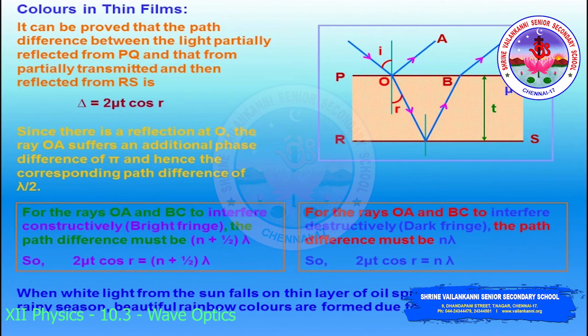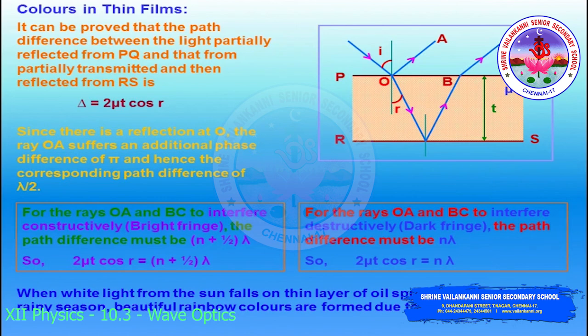When white light from the sun falls on a thin layer of oil spread over water in the rainy season, we can see rainbow colors formed due to the interference of light. When a thin film is seen with monochromatic light, alternate bright and dark fringes may be obtained, but with white light, brilliant colors appear, right?